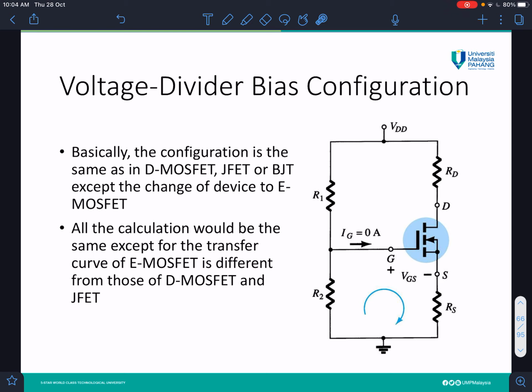Basically, the configuration is the same as for the D-MOSFET, JFET or BJT, except for the change of device to the E-MOSFET. All the calculations would be the same, except that the transfer curve of the E-MOSFET is different from those of the D-MOSFET and JFET.